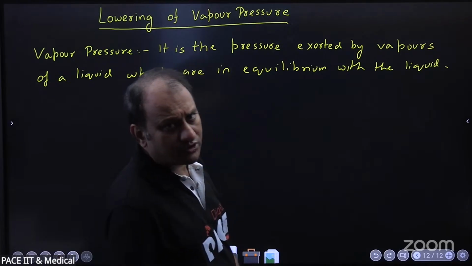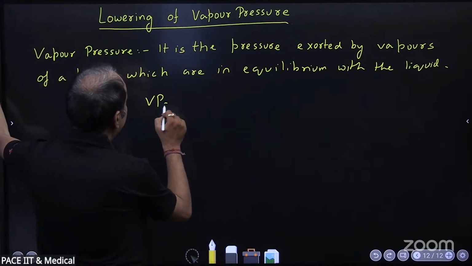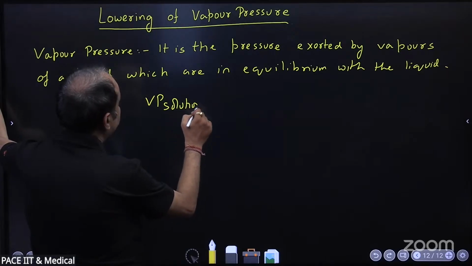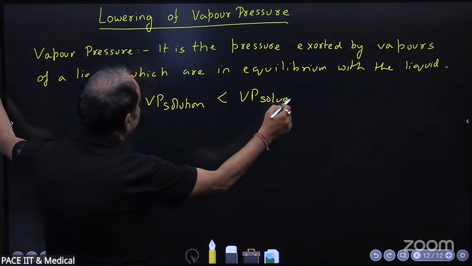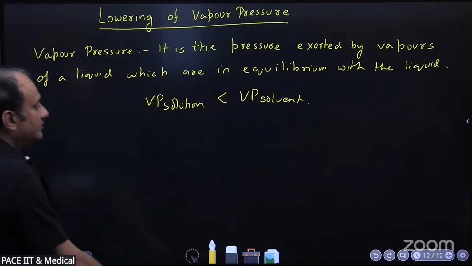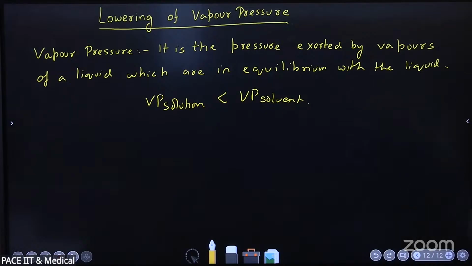So what is the fourth colligative property telling us? That the vapor pressure of a solution will always be less than the vapor pressure of the pure solvent. Okay.